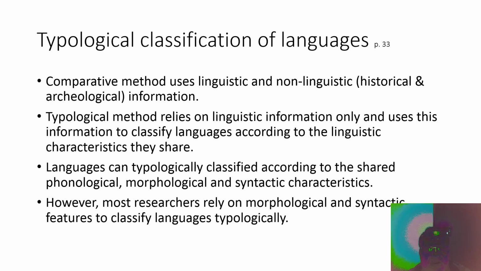But most researchers rely on two kinds of linguistic evidence when they follow the typological method. They rely only on morphological and syntactic. And the studies which cover the phonological evidence or the phonological characteristics are very few.